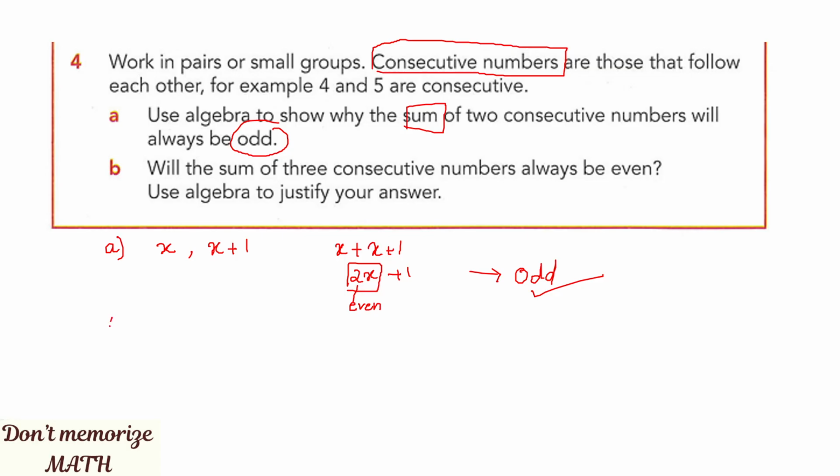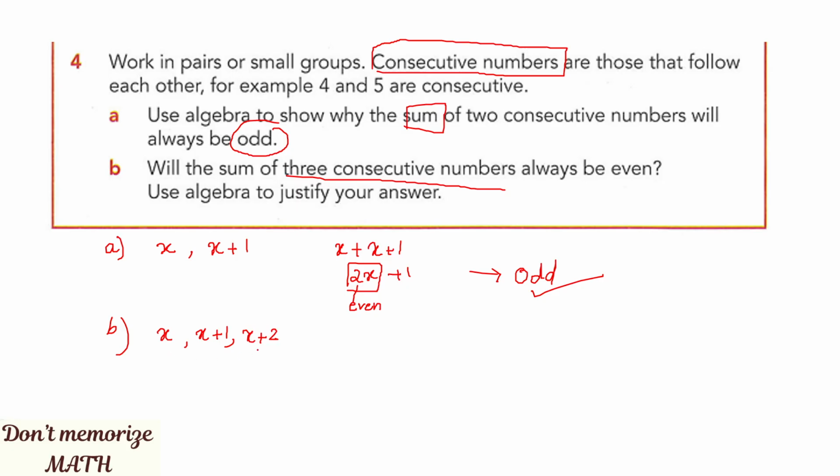So we will see the B part. Will the sum of three consecutive numbers always be even? Use algebra to justify your answer. Three consecutive numbers: in the same way, x is the first number, then the next number will be x plus 1, and the very next number will be x plus 2. These are the three consecutive numbers.